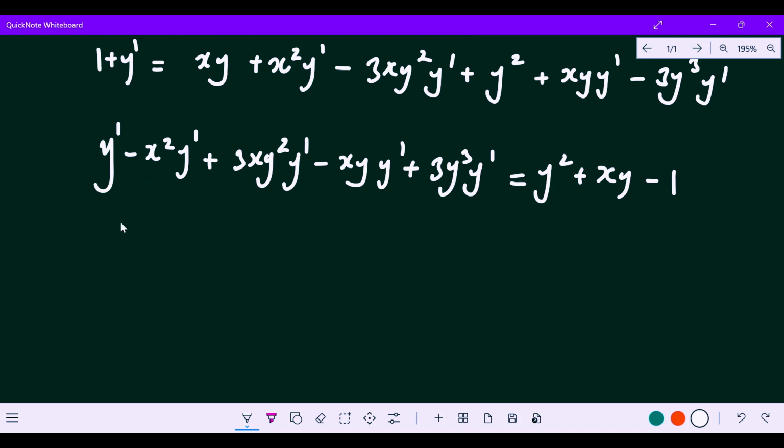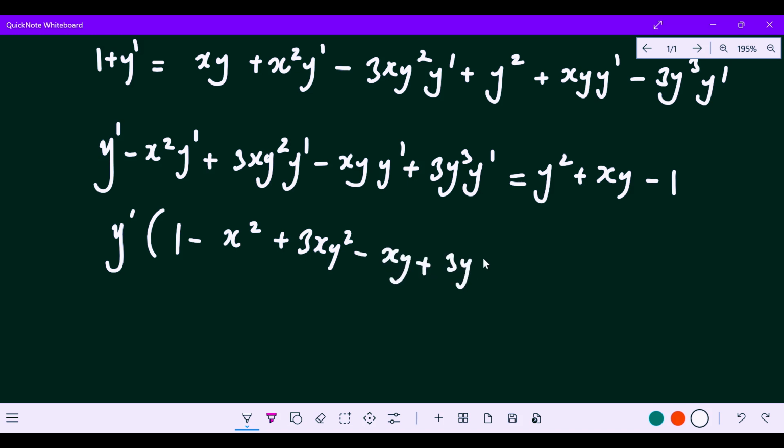Okay, so let's factorize the y prime. Factorizing, we have 1 minus x squared plus 3xy squared minus xy plus 3y cubed, right? And this is equal to y squared plus xy minus 1.